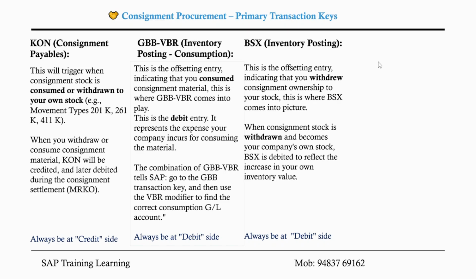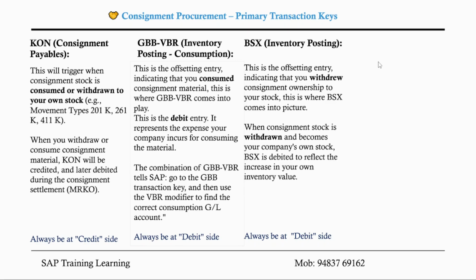So first understand consignment payables, KON. This KON will be triggered when we start consuming the consignment stock, or issuing, I mean, taking the ownership from consignment stock to your stock.